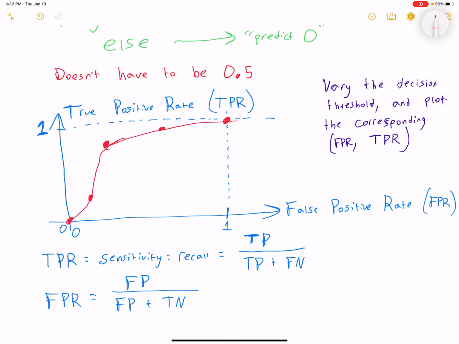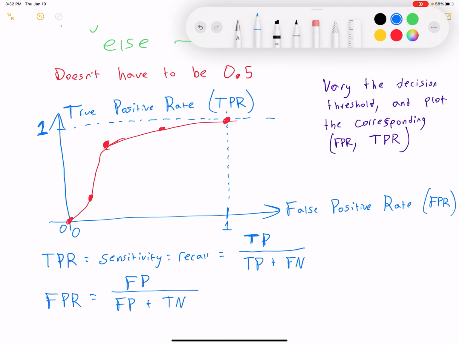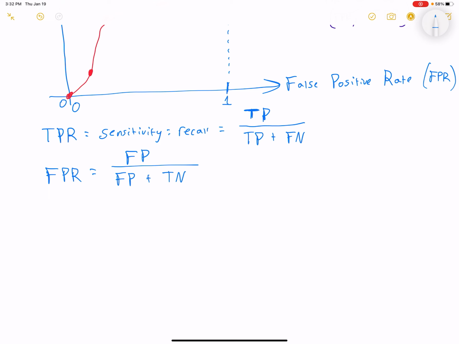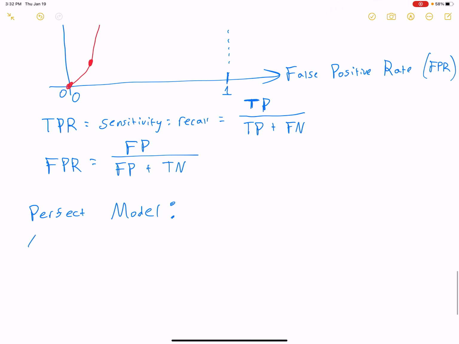So that's what we do. I want to think through what happens under different scenarios. So let's first think through what happens if we have a perfect classifier. So if we have a perfect model, let's draw this.